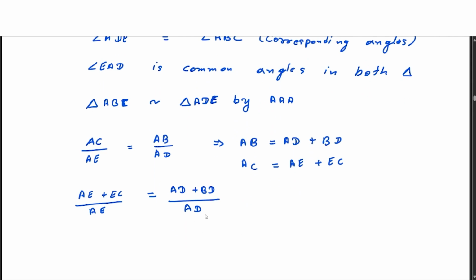Now we can divide this equation. If you divide by AE, you will get 1 plus EC over AE. Same way you will get 1 plus BD over AD. So this one and this one will get cancelled.